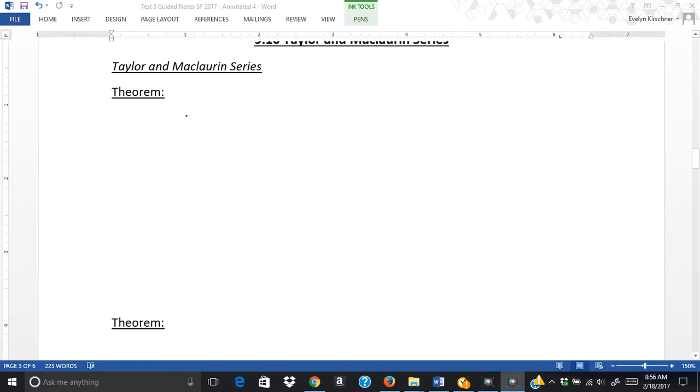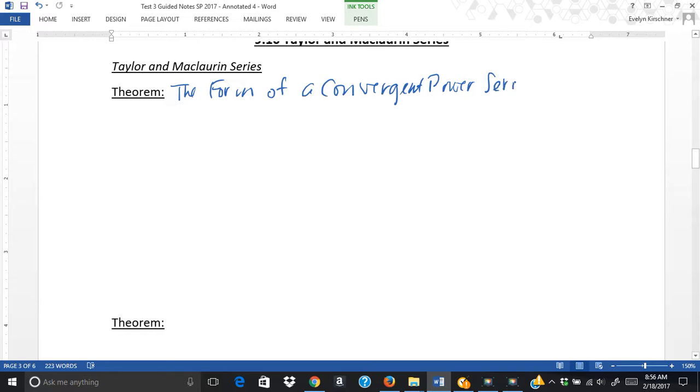This theorem is called the form of a convergent power series. It talks about a function f represented by a power series.